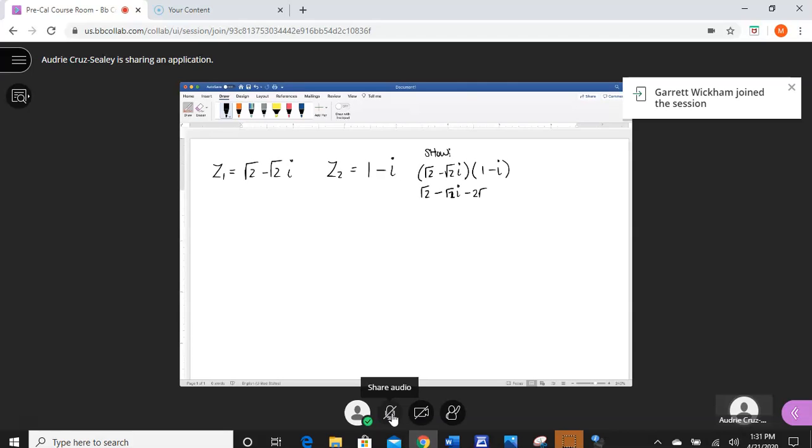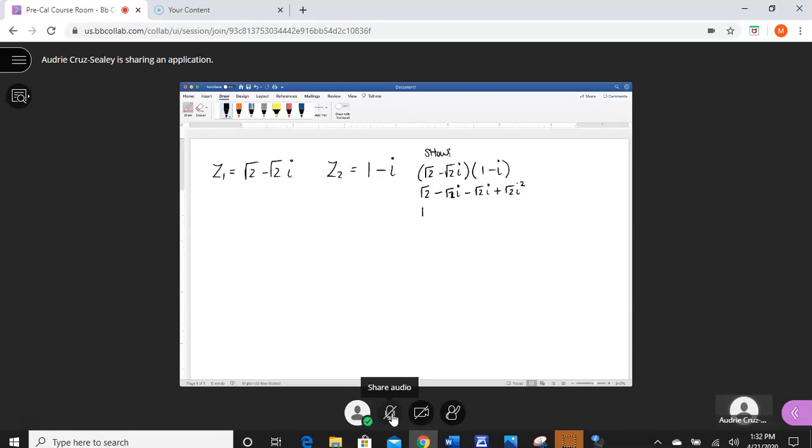I can't write today. You're going to have to help me a lot, because I say it, but I don't write it. So it would be negative square root of 2i. And then last would be plus the square root of 2i squared. Do we agree with that? Yeah.